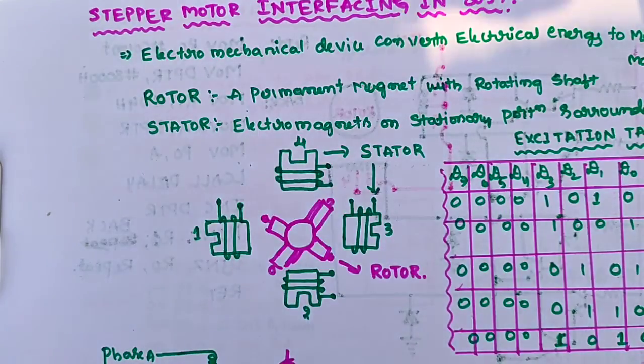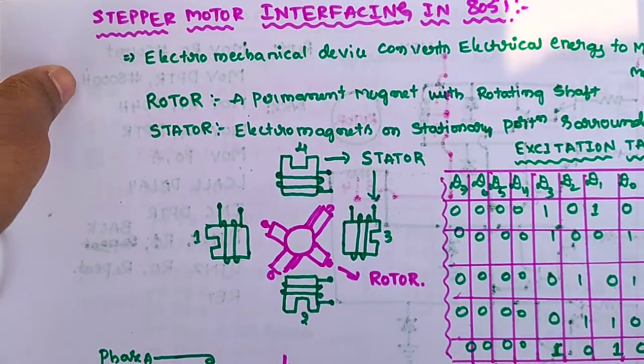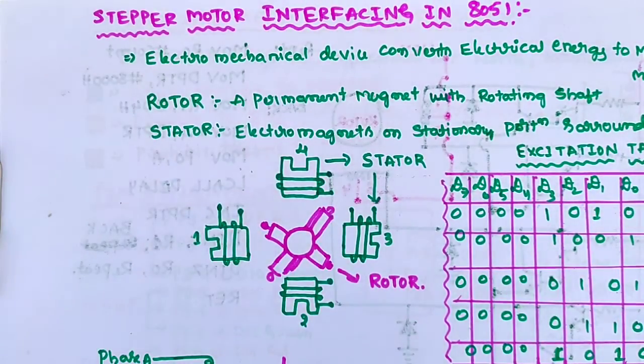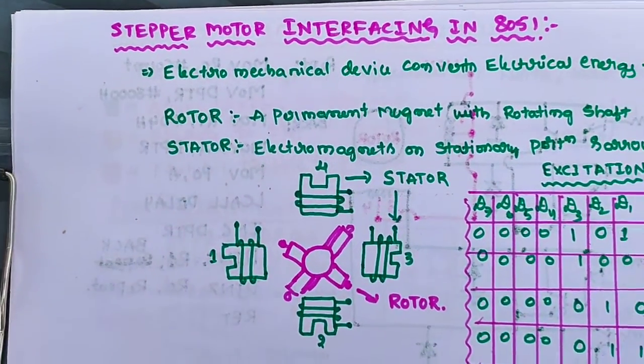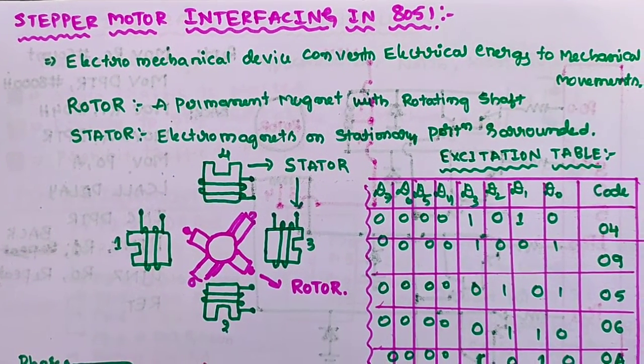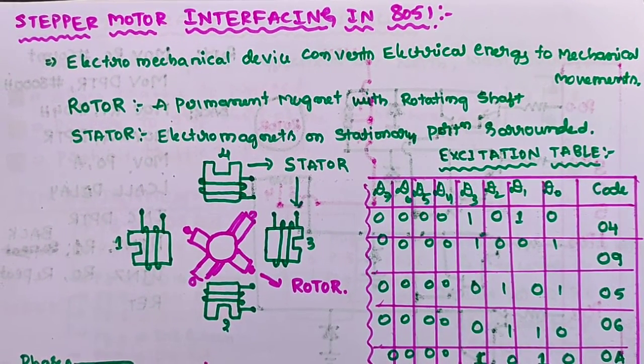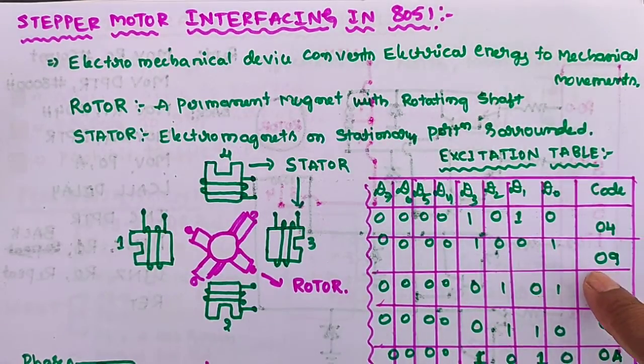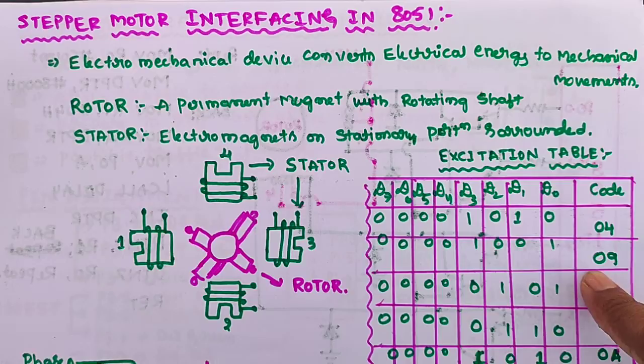The next concept of interfacing is the stepper motor control program, that is interfacing of 8051 with a stepper motor. A stepper motor is an electromechanical device which converts electrical energy into mechanical movement, that is rotations.